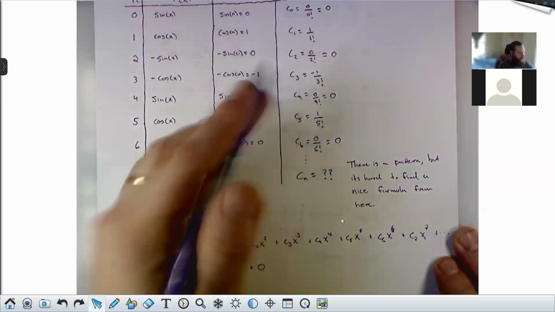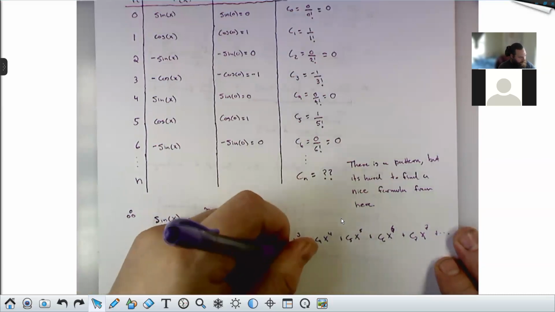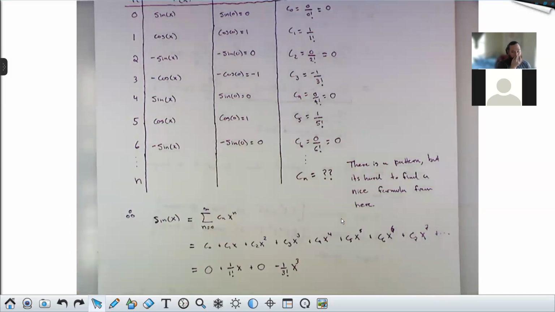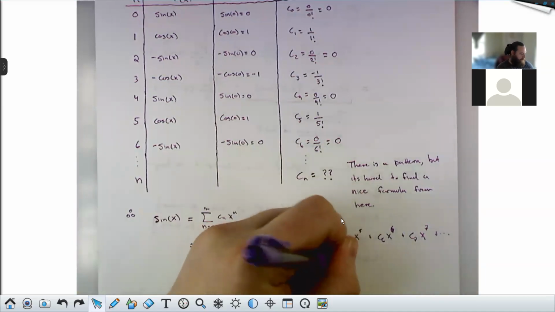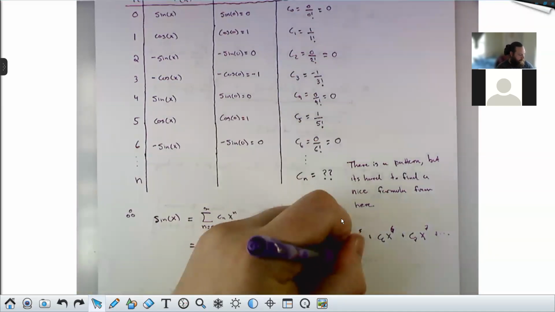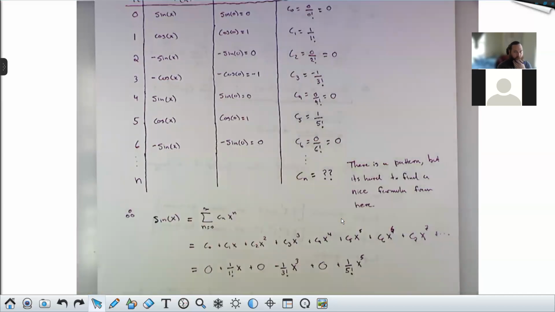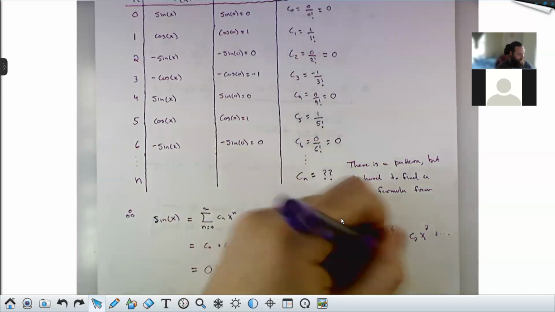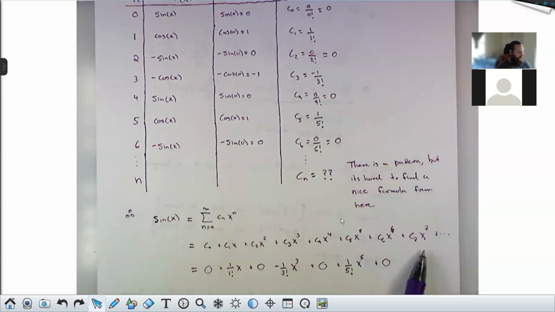C3 was negative 1 over 3 factorial. So this is minus 1 over 3 factorial times x cubed. C4 was 0. C5 was positive 1 over 5 factorial. So this is plus 1 over 5 factorial times x to the 5. C6 was 0. What would C7 have come out to?